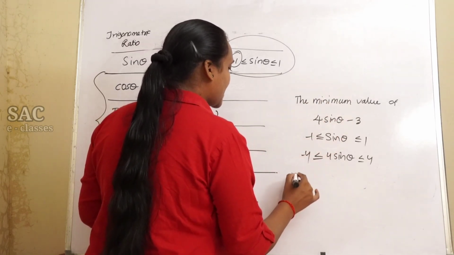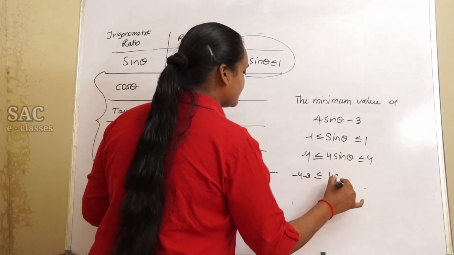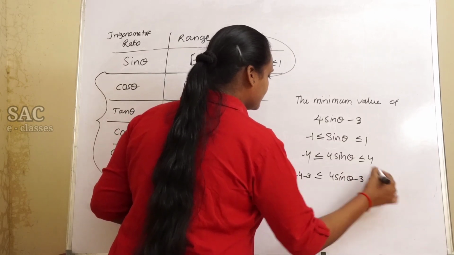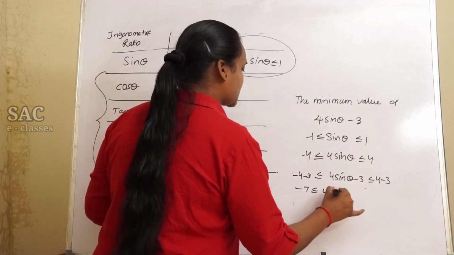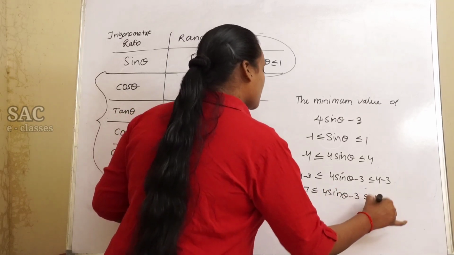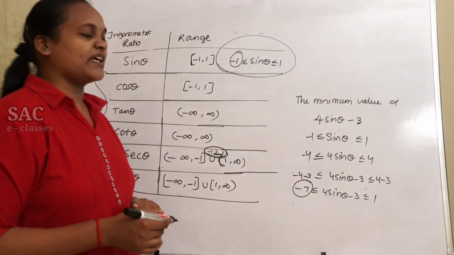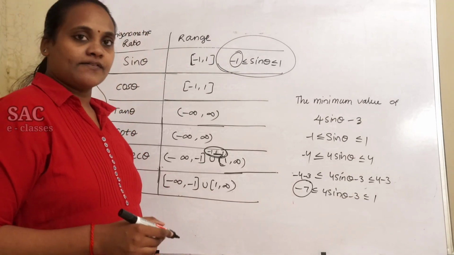So subtract 3 from both sides. Now -7 is less than or equal to 4 sin theta minus 3, which is less than or equal to 1. So the minimum value of 4 sin theta minus 3 is simply -7.